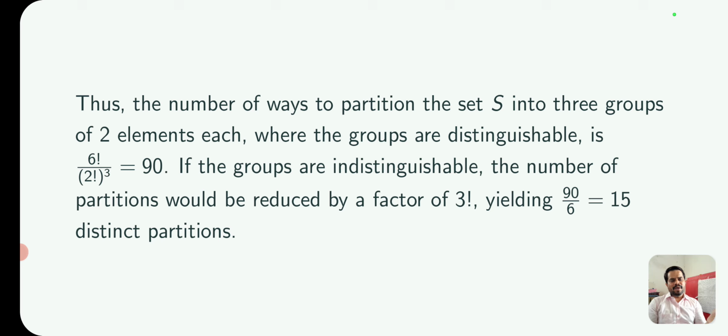After that, we discussed the cases of distinguishable and indistinguishable groups. We also studied the remarks for when m and n are the same, and we extended the same result to three groups. So we will stop here.